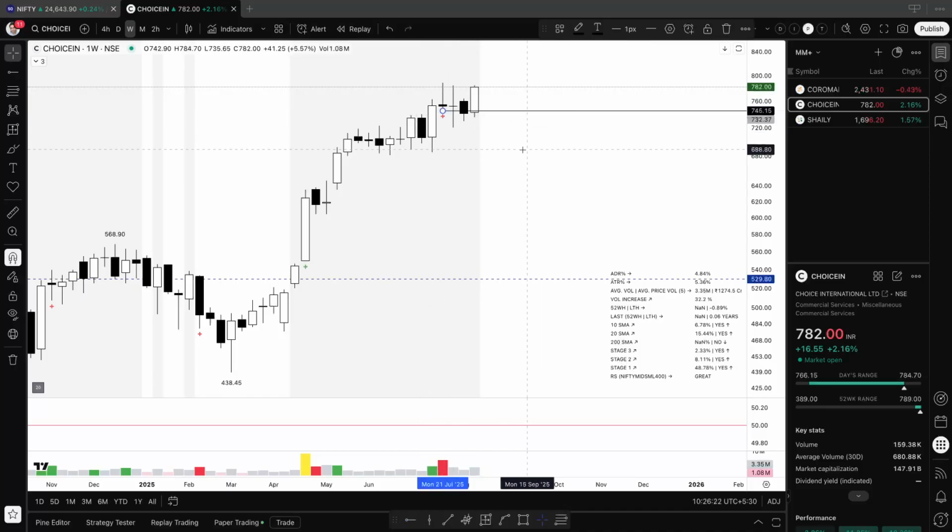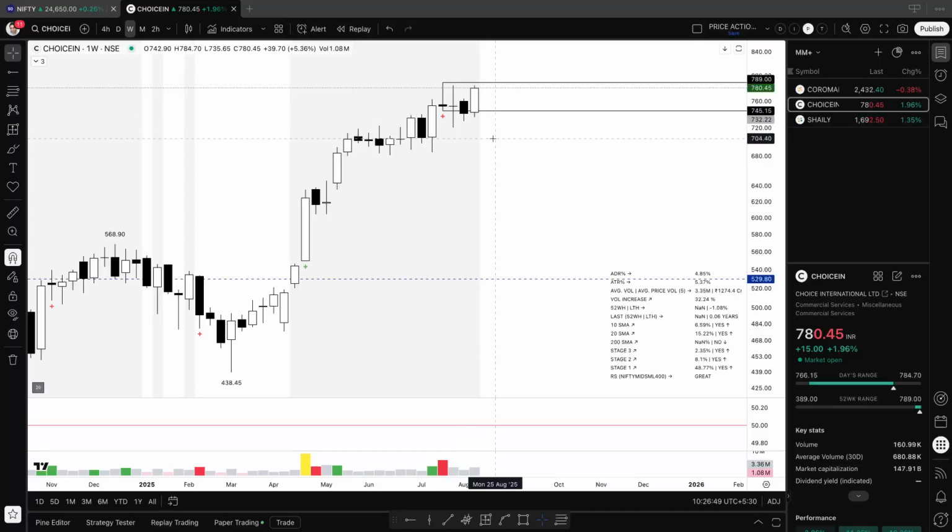If you mark the low and the high of this candle, and you see only one plus sign, not multiple, it means the low of that candle is very important.